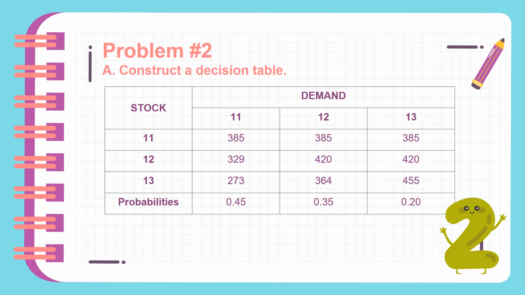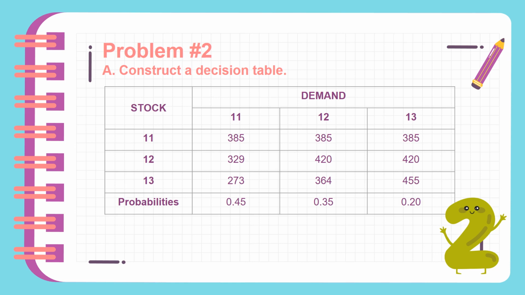And then for the stock 12, if we have a demand of 11, we will incur losses because the problem stated that every unsold item will be discarded.